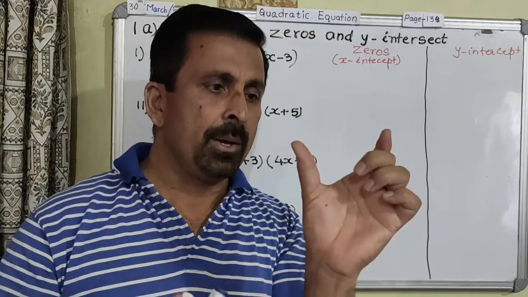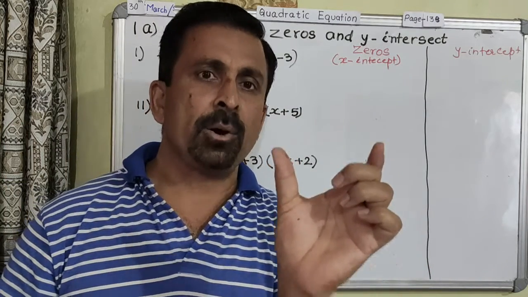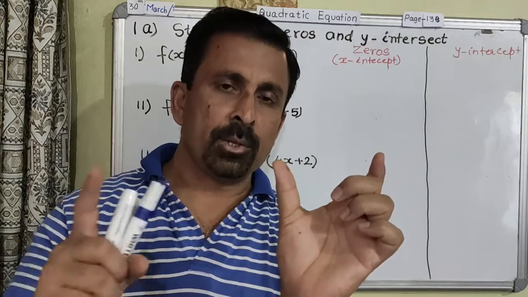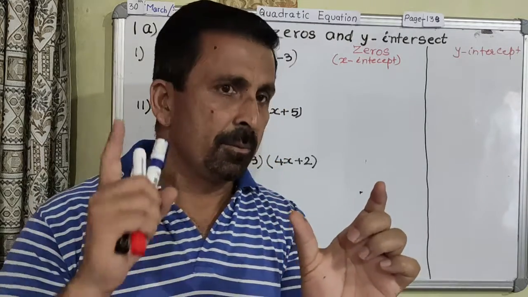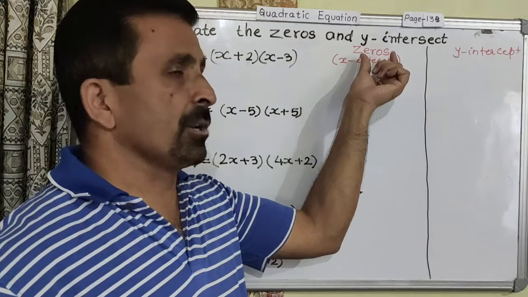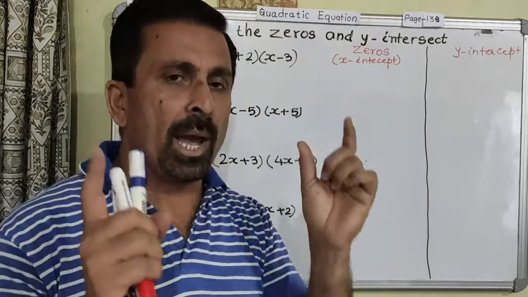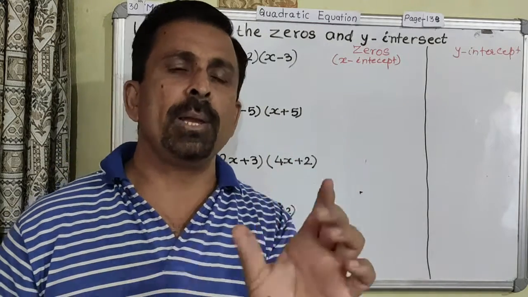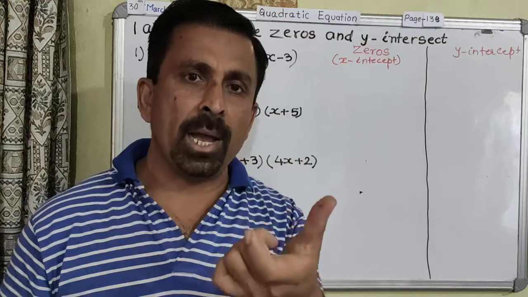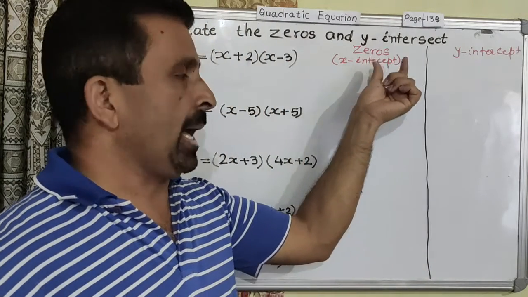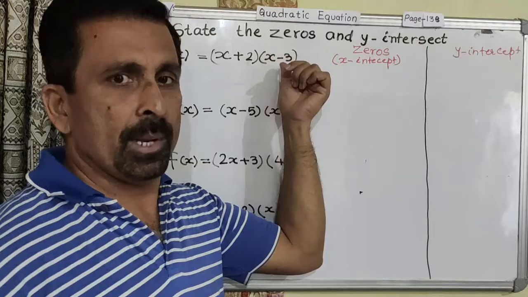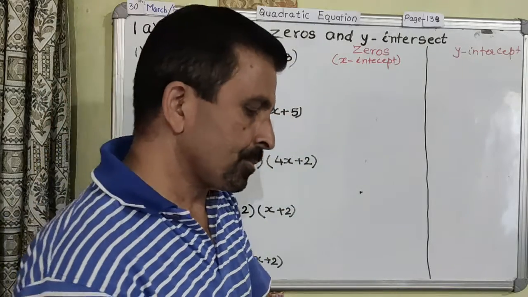X-intercept means on the x-axis, so the value of y on the x-axis is always 0. Whenever we calculate the zeros or the x-intercept, we have to know that y has to be 0. So by assuming y equal to 0, we will be able to get the zeros or the x-intercept of the polynomial. Is this very clear?